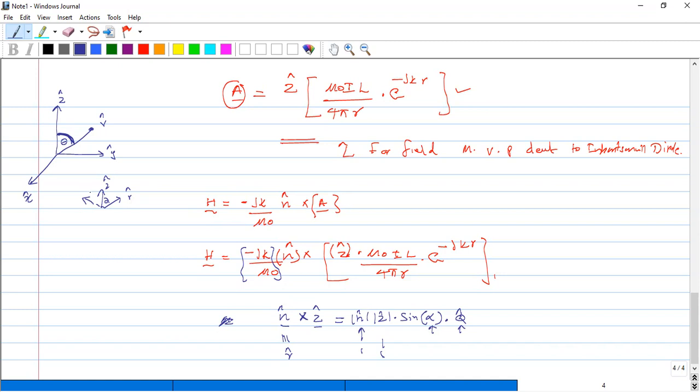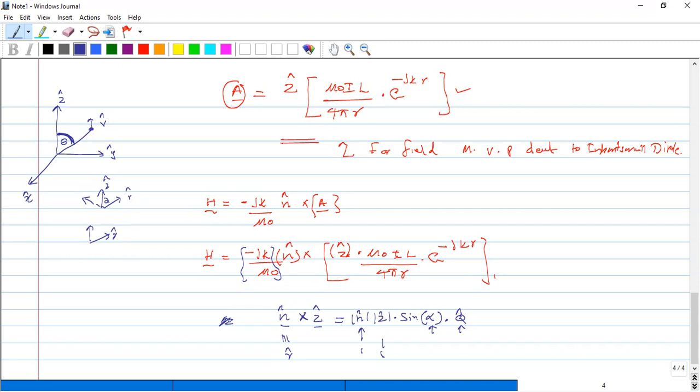So what is that? That should be in this direction, inside the paper, because z hat is in this direction and r hat is in this direction.